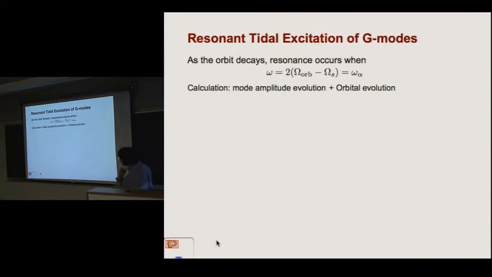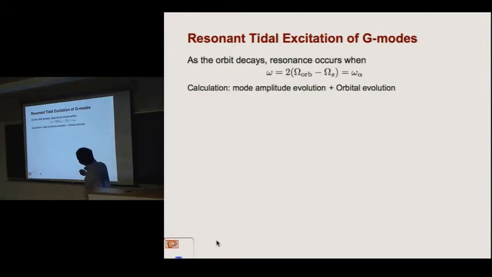Okay? So the picture that follows: inside this white dwarf, we have this harmonic oscillator, the g-mode, which has some frequency, omega alpha. So alpha is the index for the mode. So this is the intrinsic mode frequency of the white dwarf. And the orbit is decaying gradually, driven by gravitational radiation, shrinking.